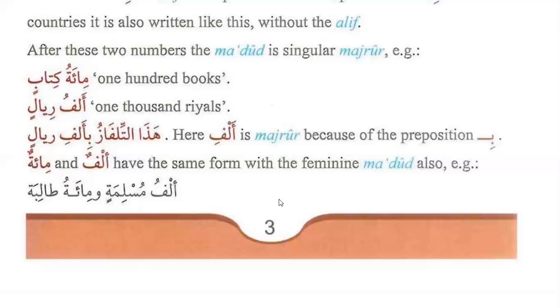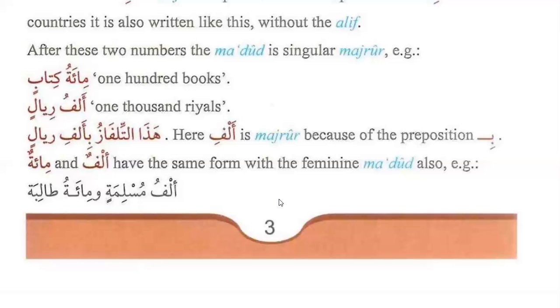So from 3 to 10, what is the madud? Jam' majroor. From 3 to 10, the madud is jam' majroor.